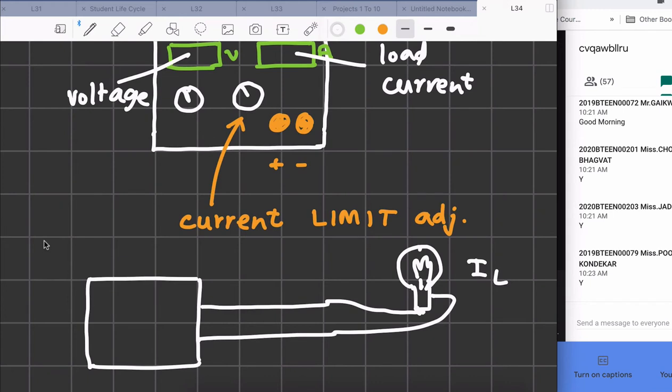Based on the power of the lamp, IL will go up or down. Yes or no? This is our power supply.